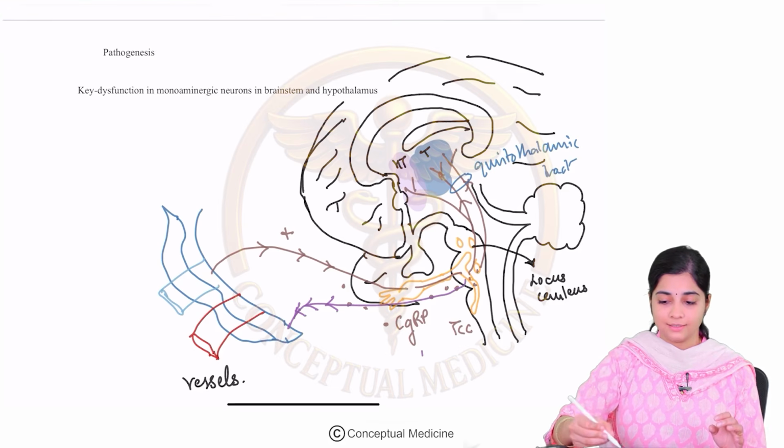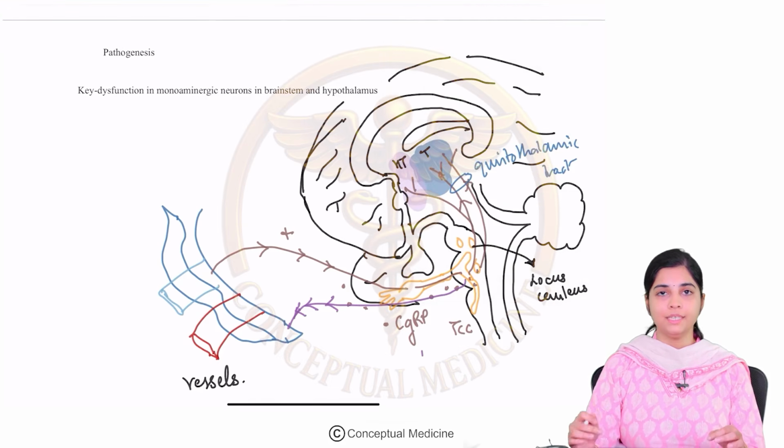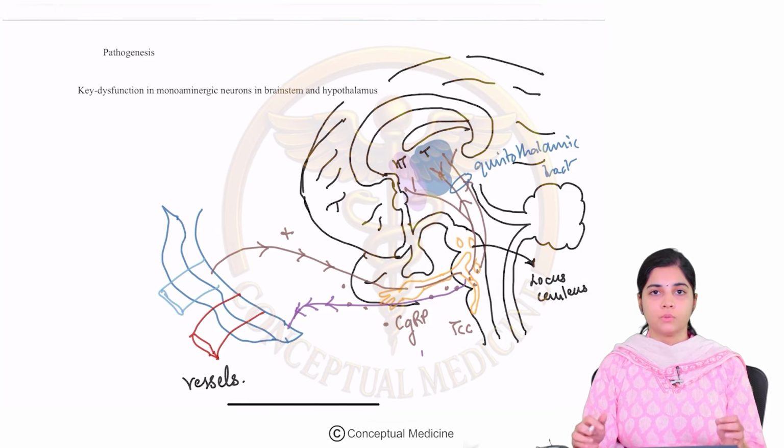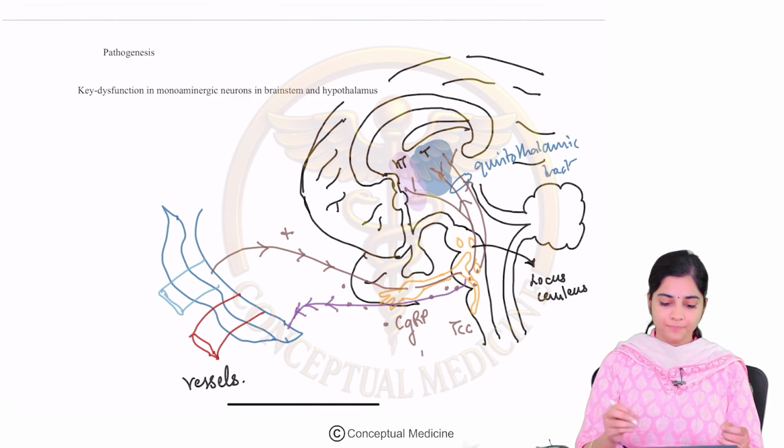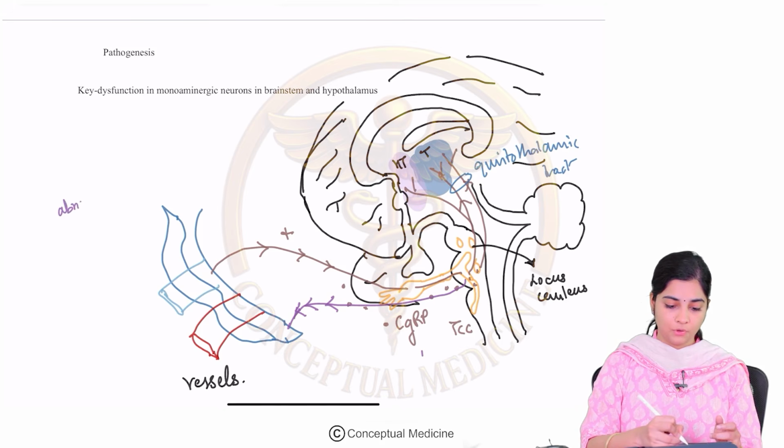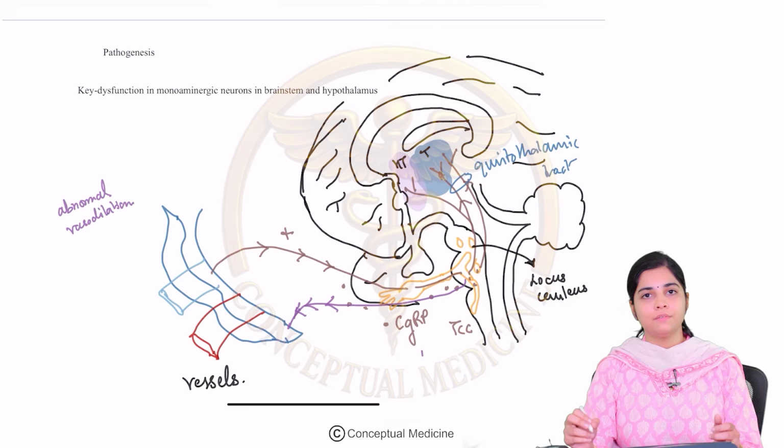Now let us understand the pathogenesis of your migraine headache. The first step in the pathogenesis is that there is abnormal vasodilatation of all the vessels which are present in the meninges. So the meningeal vessels are abnormally dilated.